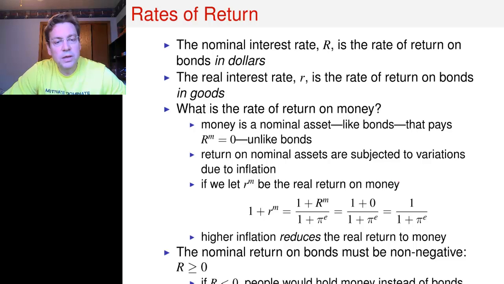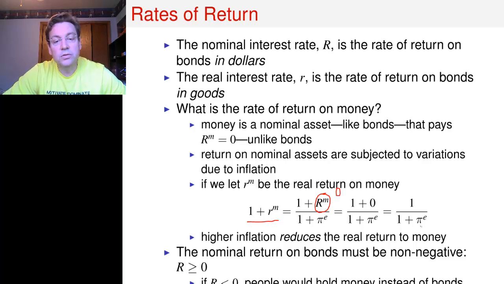So if we compute then what the real return on money is, we use that same Fisher relation. We take the nominal return, scale it by expected inflation, but this numerator, in the case of money, is 0. So then the real return on money is just 1 over the expected inflation rate.